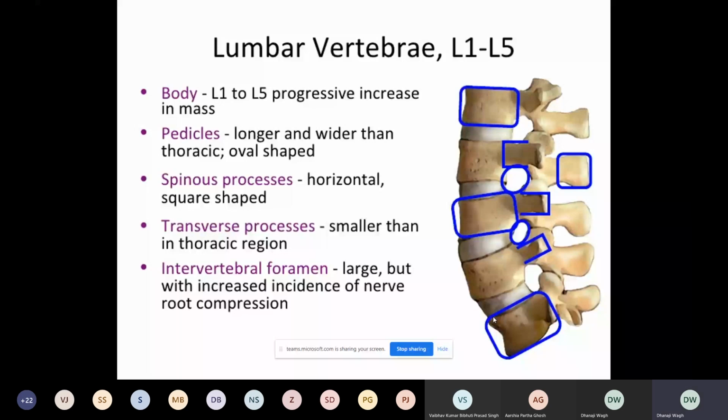Then see this pedicle. Especially in lumbar vertebrae, you can observe this pedicle. These are longer and wider than the thoracic.